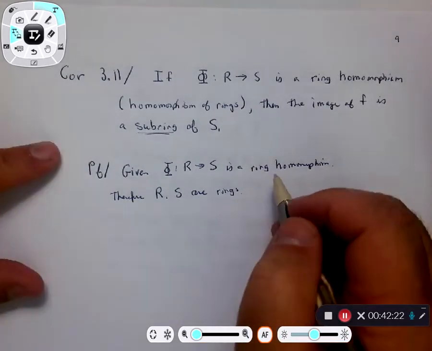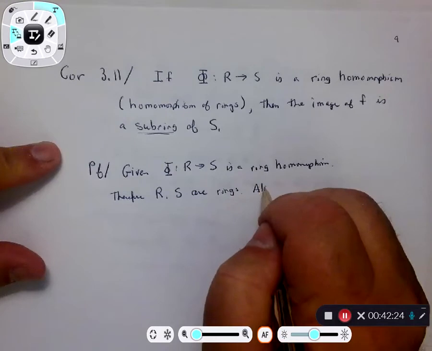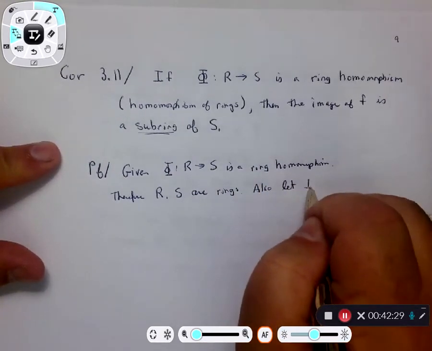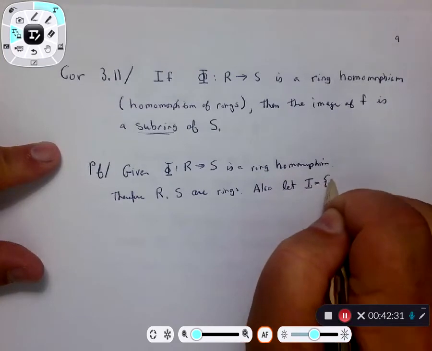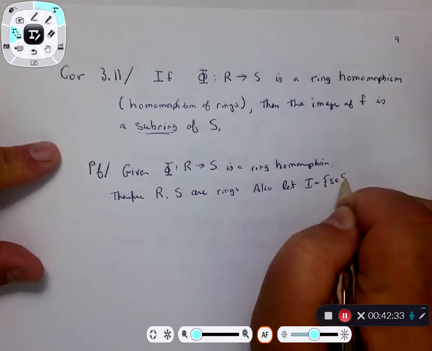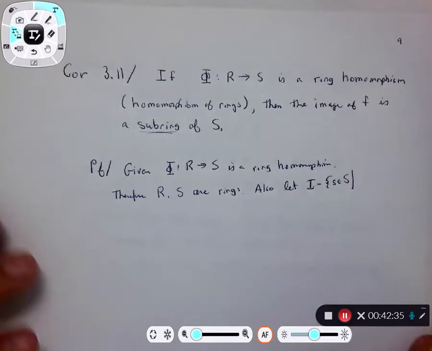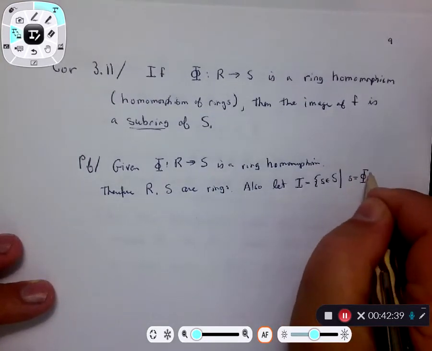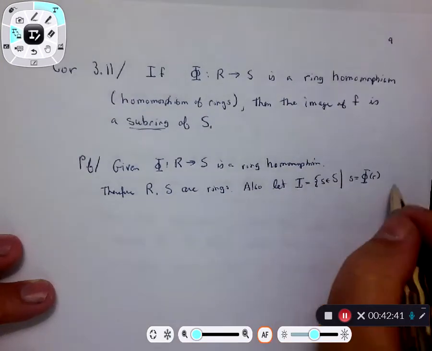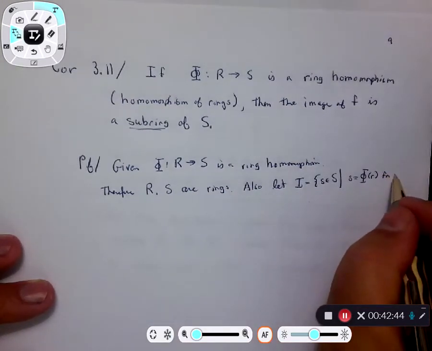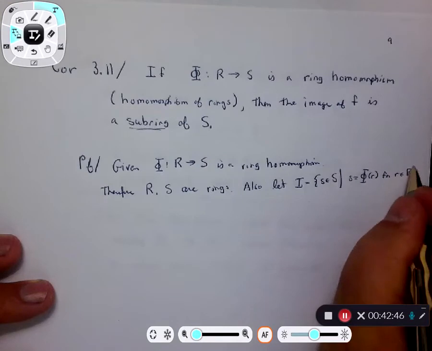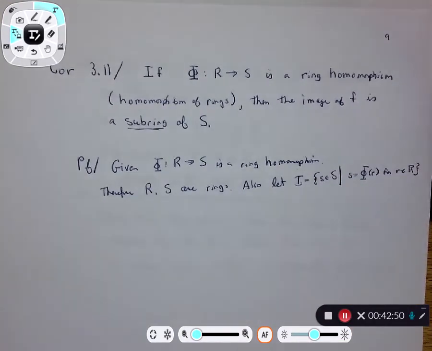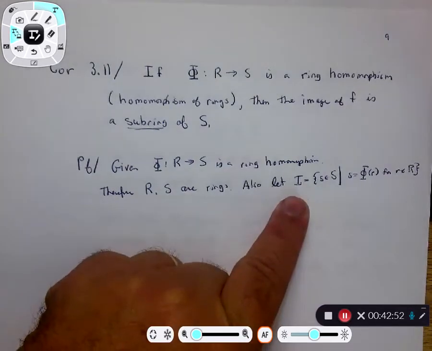Also, we use the same symbol before. Let I be equal to the set of elements s of S such that s is equal to phi of r for some r in R. That is, I is going to denote this image.